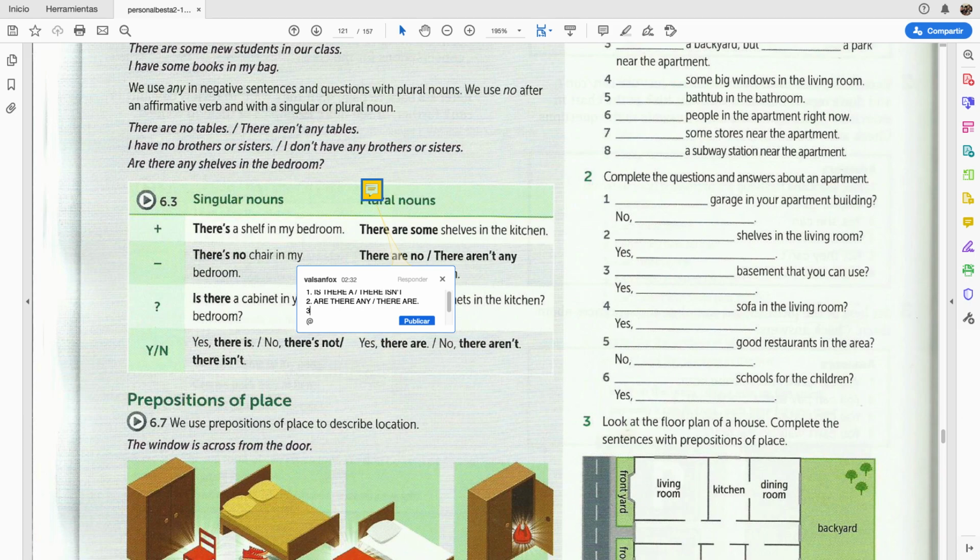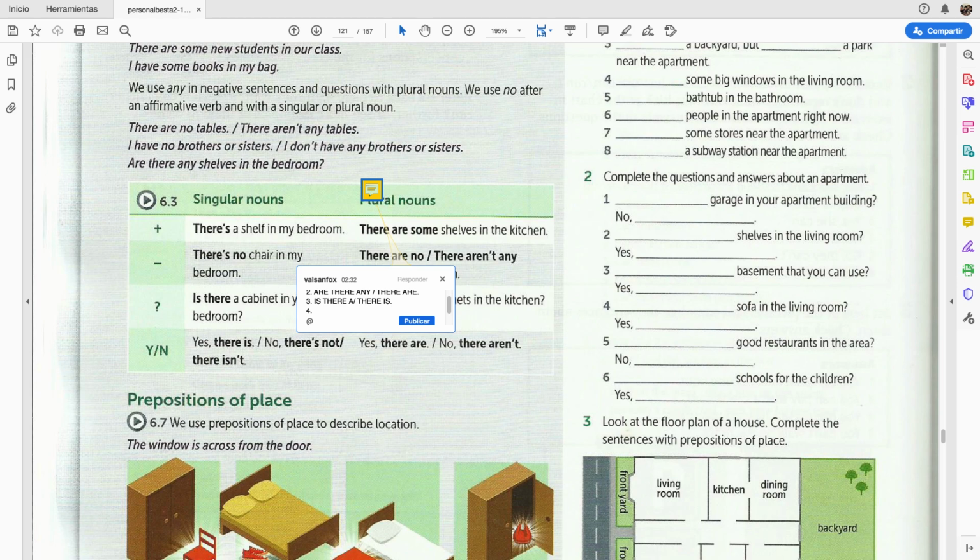Number 3. Basement that you can use. Basement is singular. So if it is singular, we say is there? Is there a basement that you can use? Yes, there is. Number 4.